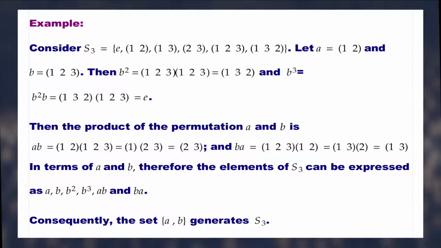In terms of A and B, therefore, the elements of S3 can be expressed as A, B, B squared, B cubed, AB and BA. Consequently, the set {A, B} generates S3.